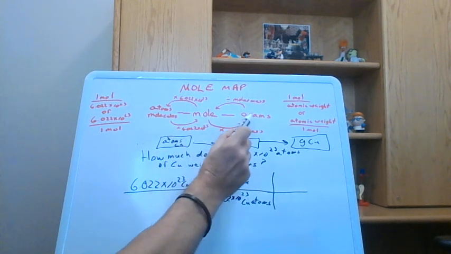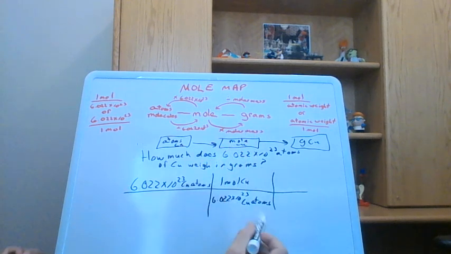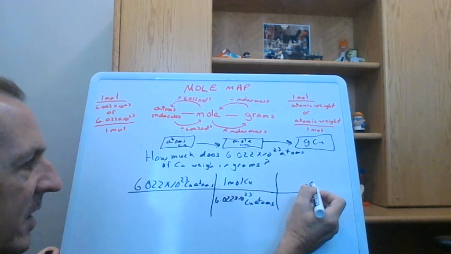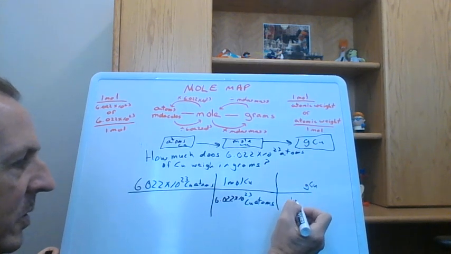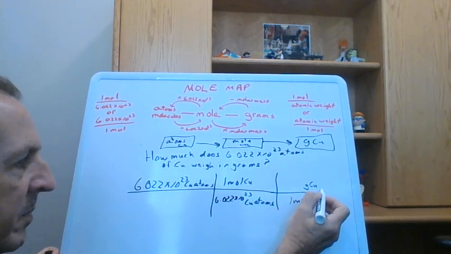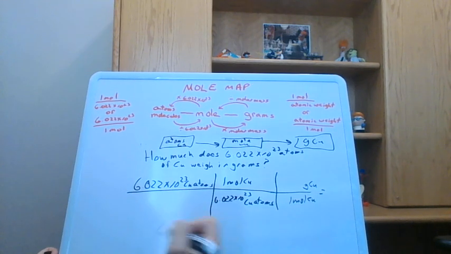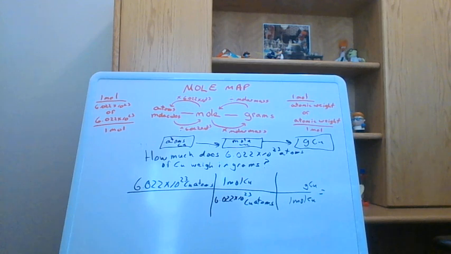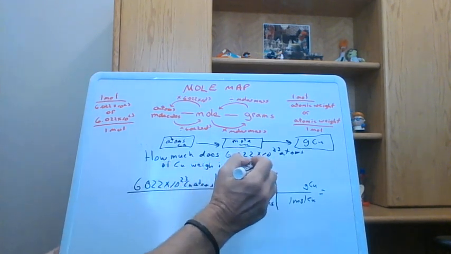Now we want to go from moles to grams, so we're going to multiply by the molar mass. We need to know how many grams of copper there are in every mole of copper. We just looked that up on our last problem from the periodic table: you would find the symbol for copper, Cu, and see that its atomic weight is 63.55.